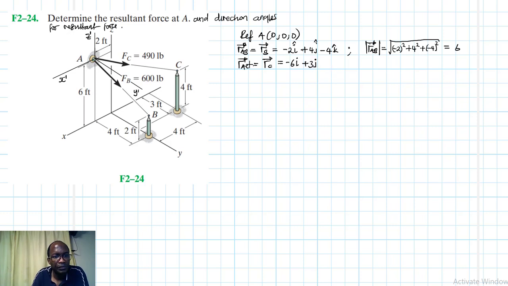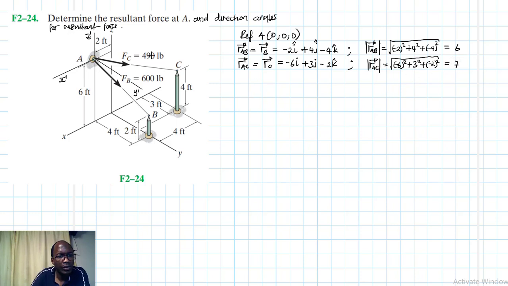And then in the z, that's 6 minus 4. That's minus 2k. Therefore, the magnitude for RAC, just using Pythagoras theorem, is equal to minus 6 squared plus 3 squared plus minus 2 squared. This is just going to be equal to 6 squared plus 3 squared plus 2 squared. So this is just equal to 7.